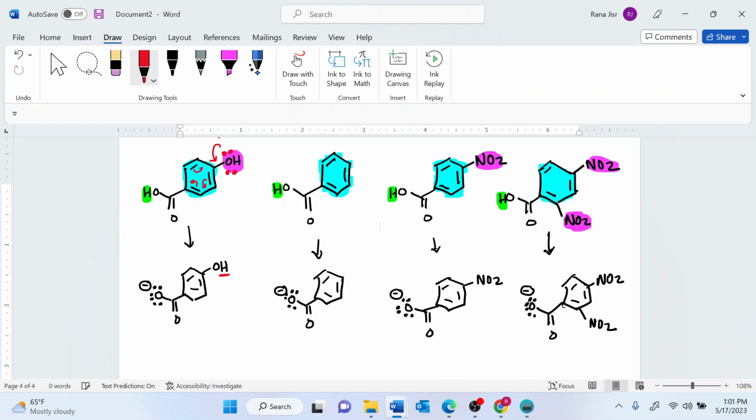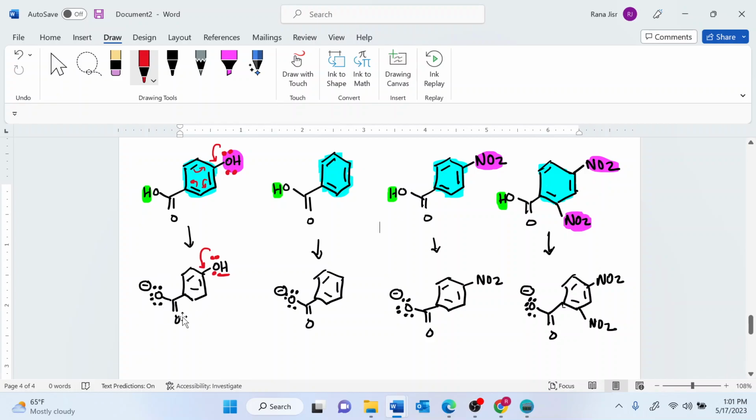So you will have resonance across the benzene. You're donating electrons now. To look at the stability of the conjugate base: normally, conjugate bases are stable whenever the charge is delocalized. So if you have an electron donating group, and that electron donating group is giving electrons, so you're adding electrons to the negative charge, you're no longer distributing the charge, you are adding to it.